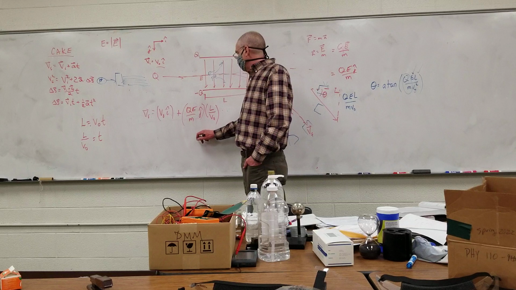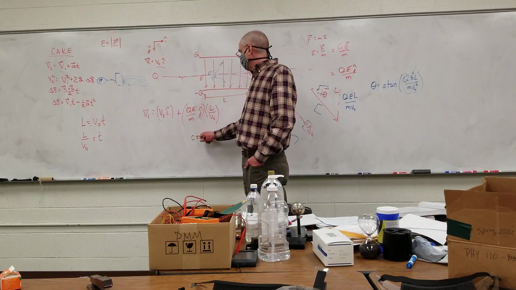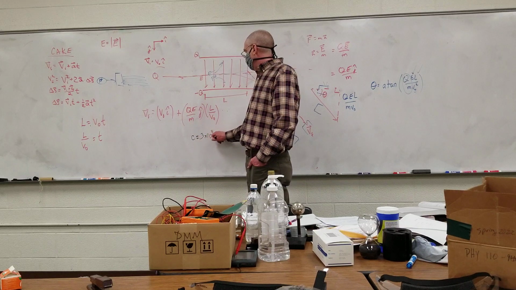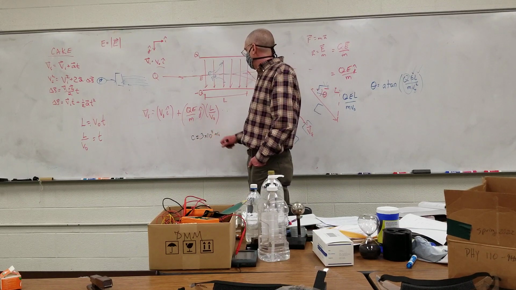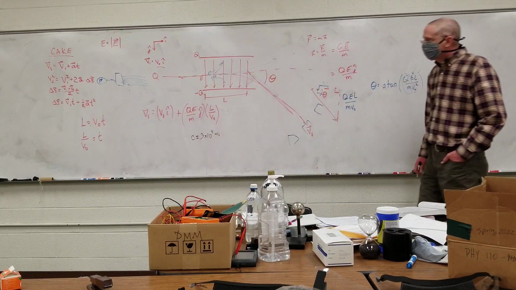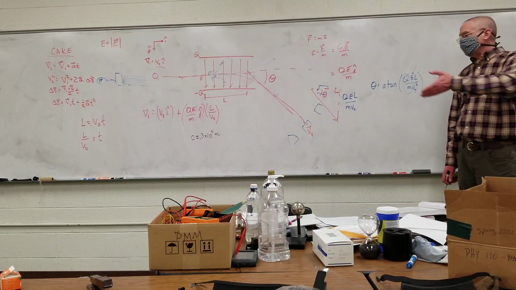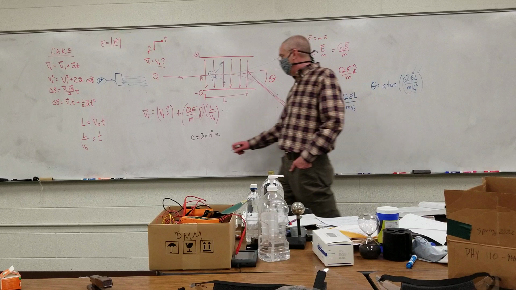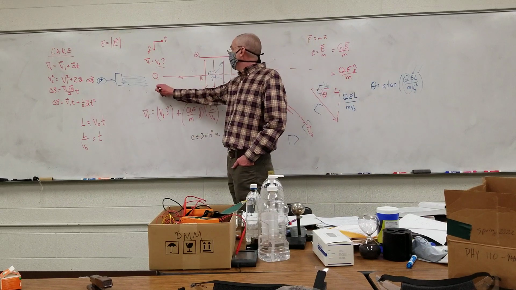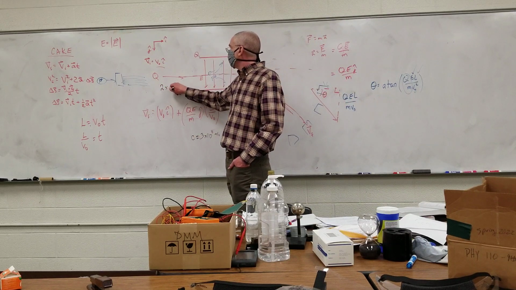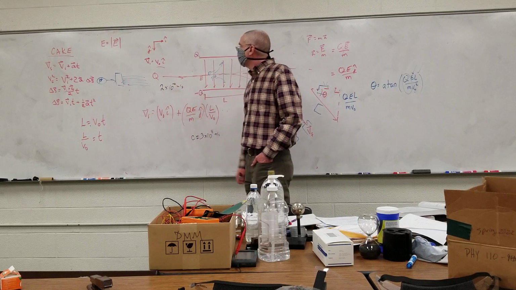So, speed of light is approximately 3 times 10 to the 8th meters per second. Generally, you start bringing relativistic effects into it at about 10% of that. So why don't we just shoot for V naught being 2 times 10 to the 7th meters per second.